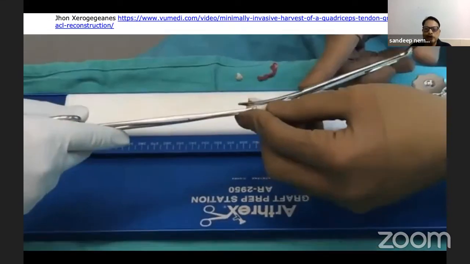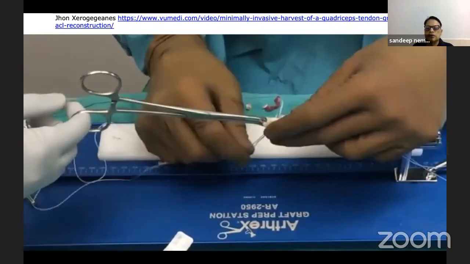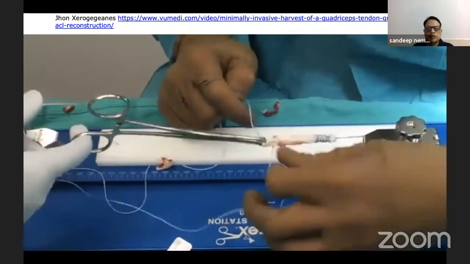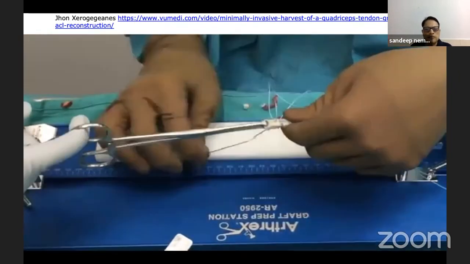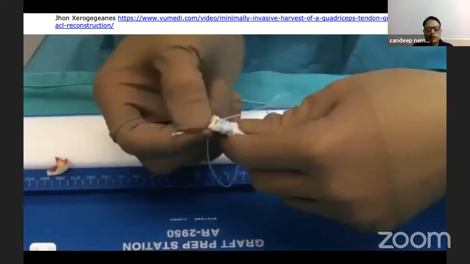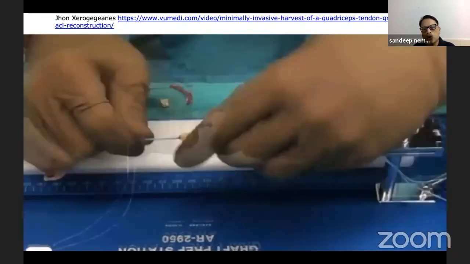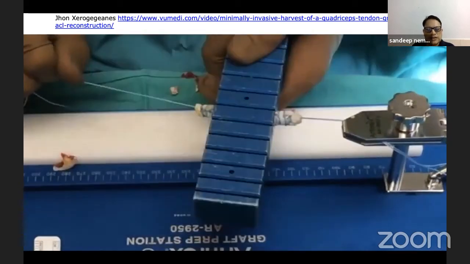So basically we release the muscle attachments with the graft, and then we pass the number 2 fiber wire or some other suture type compatible with it, and then subsequently we take a minimum of 4 loops through each end. We size the quadriceps tendon.